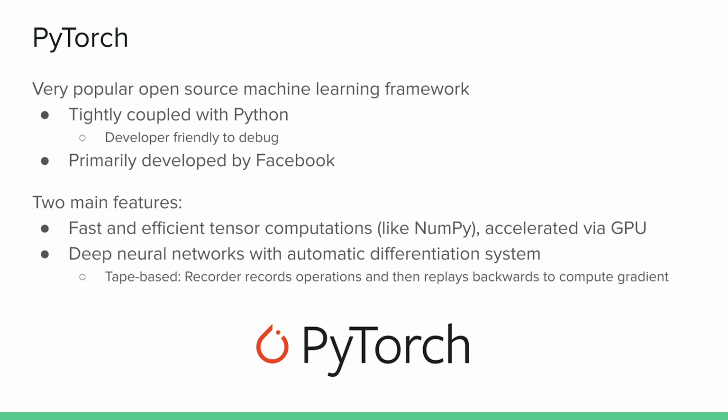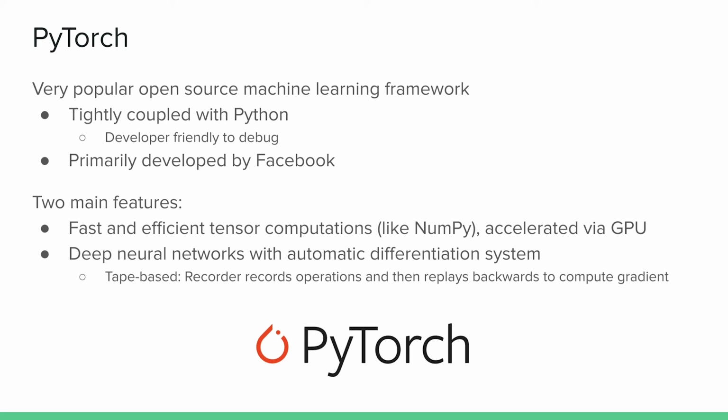First, fast and efficient tensor computations that we're doing all of the time. We're using some tensors, some input matrix, and then running it through, computing this, and it can accelerate this with the GPU. And the second thing is that it allows us to train deep neural networks with automatic differentiation.